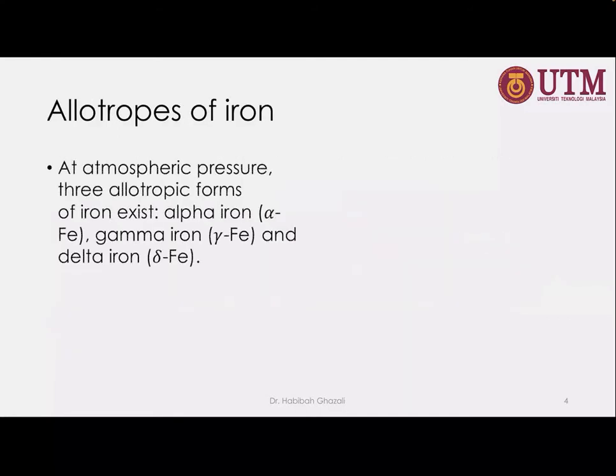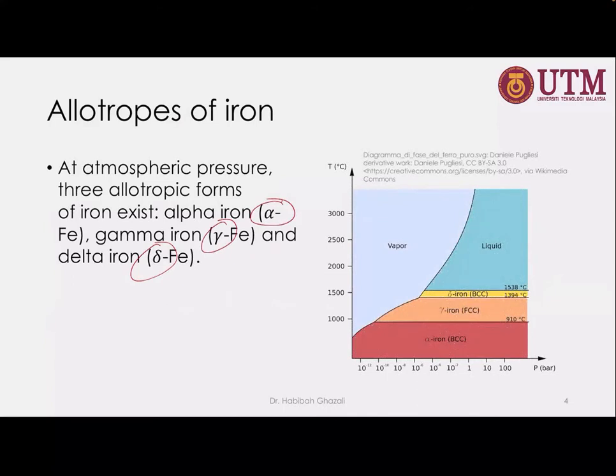The allotropes of iron, at atmospheric pressure, there are 3: alpha, gamma, and delta. They appear at different temperatures. At room temperature, whatever iron you see in any application, it is in the BCC structure.